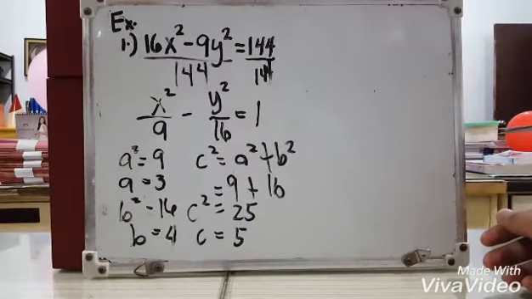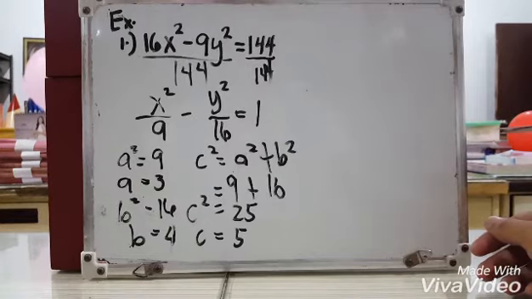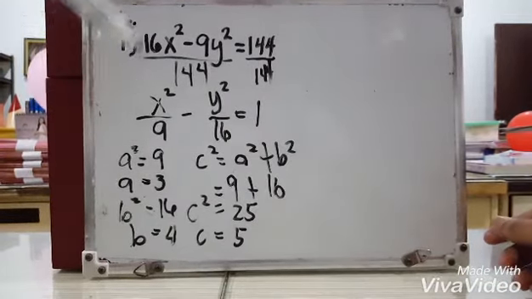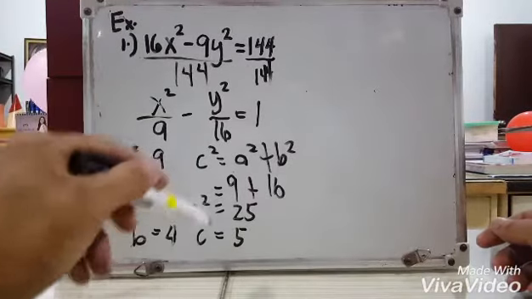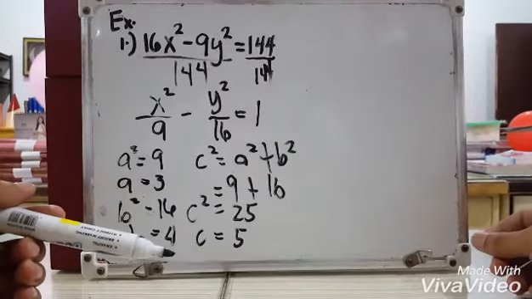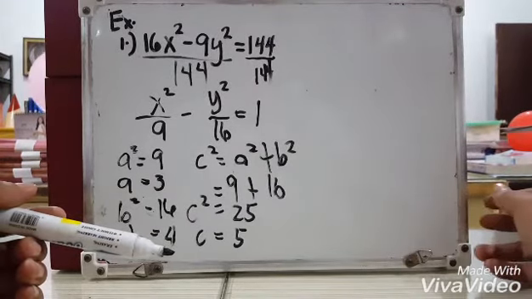We have a, b, and c here. Again, all we have to do, class, is to count, the same as what we did in ellipse. We just have to plot the center, and knowing that the hyperbola here opens to the left and to the right, you use the variables a, b, c to determine the vertices, the foci, and the endpoints of the conjugate axis.